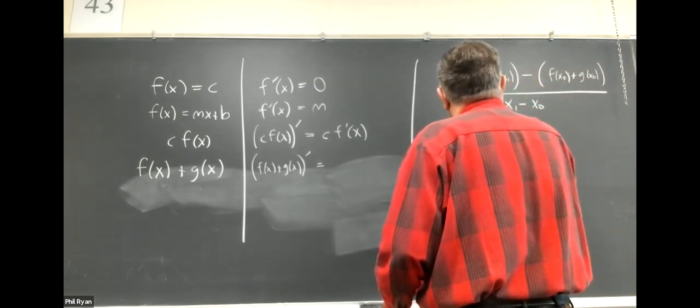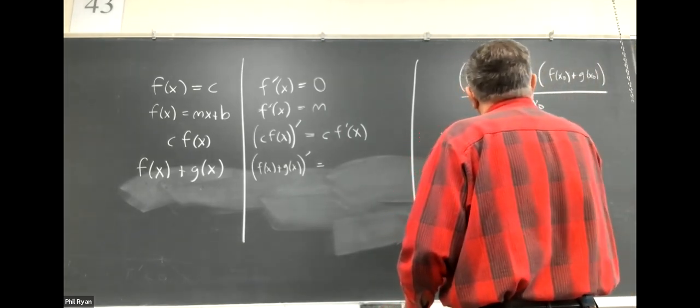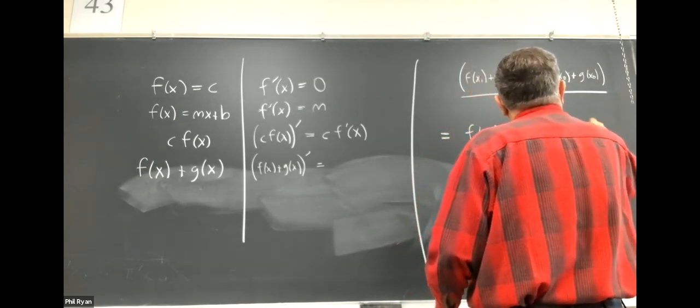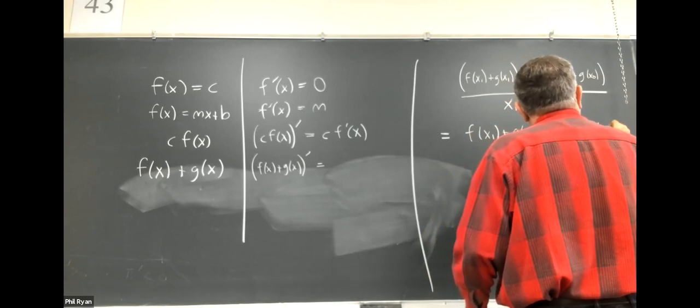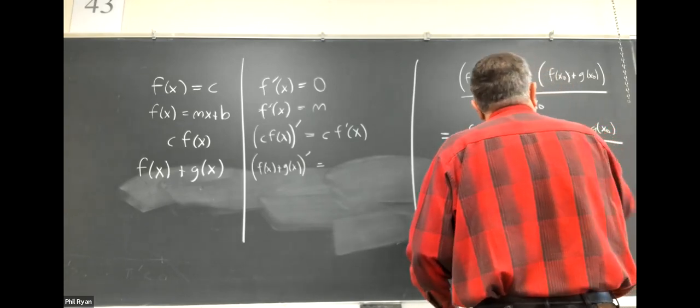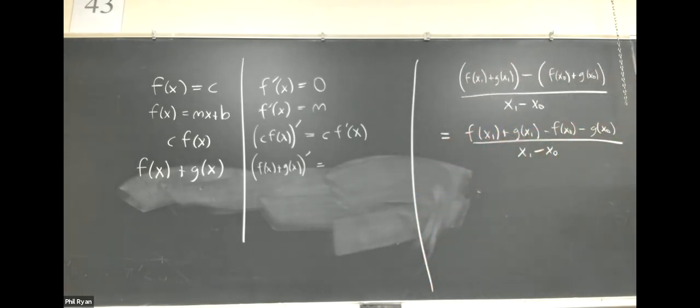That's f of x1 plus g of x1 minus f of x naught minus g of x naught. Be careful. This is one of the most common mistakes that I see: when people remove brackets and there's a minus sign involved, you've got to be really careful in distributing that minus sign.